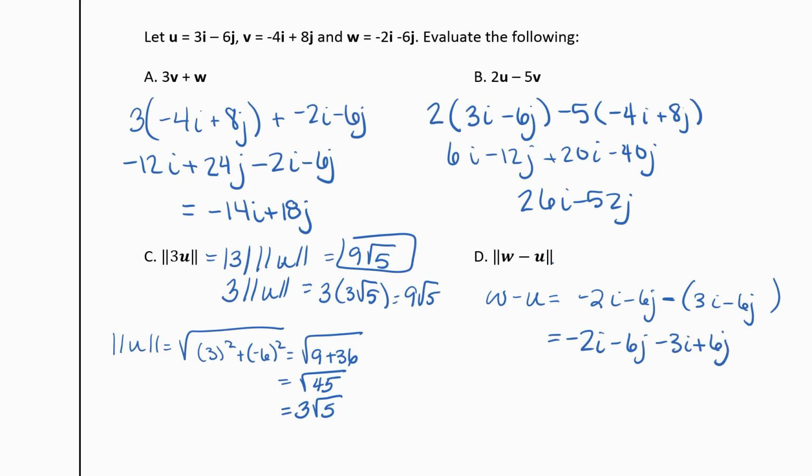Our j's actually cancel out here, and we just have negative 5i. So we want the magnitude of negative 5i, which will just be the square root of negative 5 squared, which will be 5. So our magnitude here is 5. So you can't split them up. You're going to subtract them first, do what's inside the magnitude, and then find the magnitude of it.